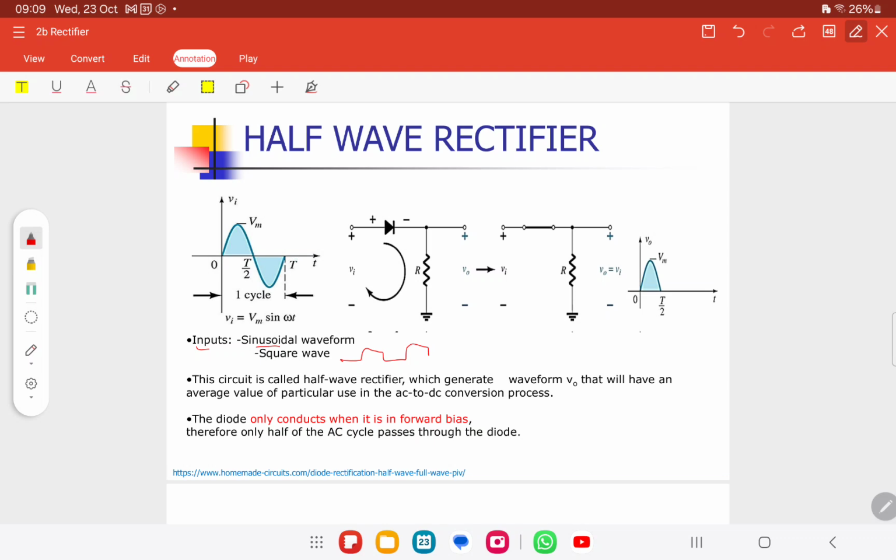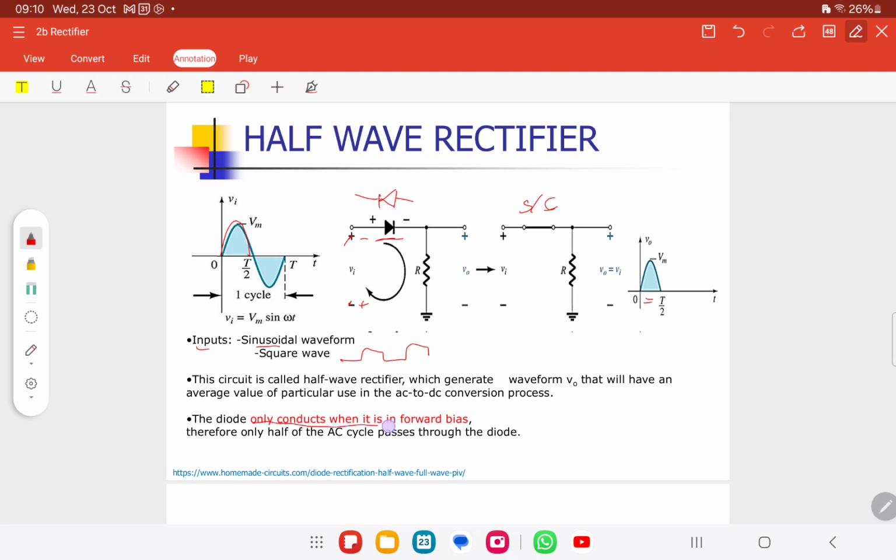So this is the half wave rectifier circuit, containing one diode only. Since this is forward bias, it is considered a short circuit, so it is on. And it only rectifies, it only takes the positive cycle. If we want to take the negative cycle, we have to change the polarity, change the diode's orientation. Change it like that, and it will become the negative cycle.